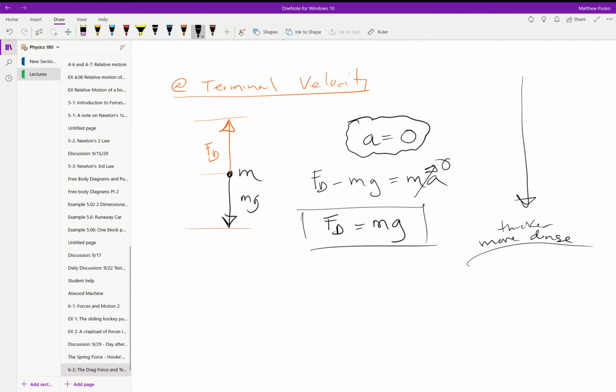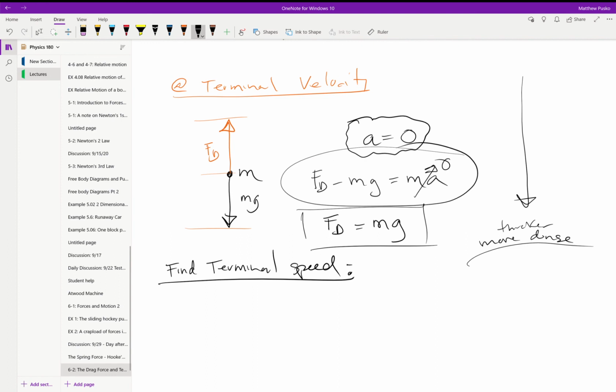If we wanted to find what the terminal speed of something is, terminal velocity, how would we do that? Well, let's use the formula that we found to calculate drag, and let's also use this right here. So I have the force of drag minus mg is equal to the mass times the acceleration, and we said for terminal velocity the acceleration has to equal 0.